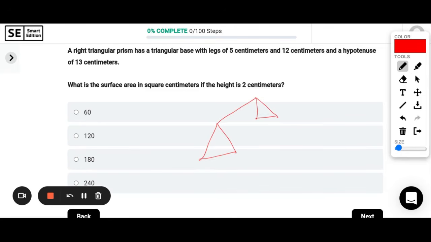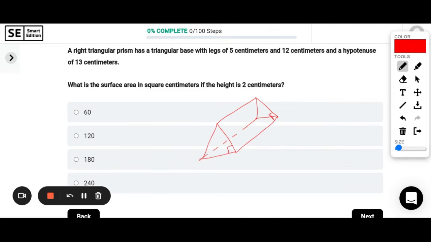And then I'm just going to connect this a little bit, and something like that.